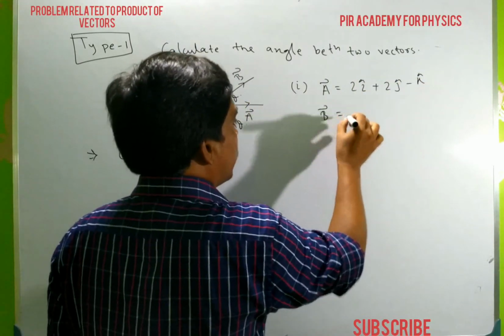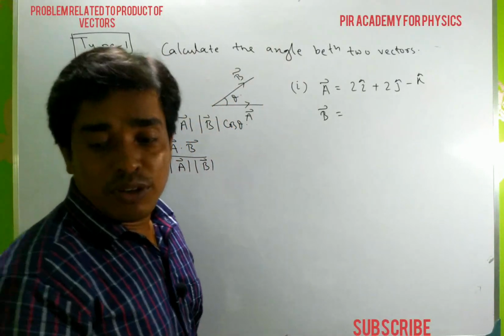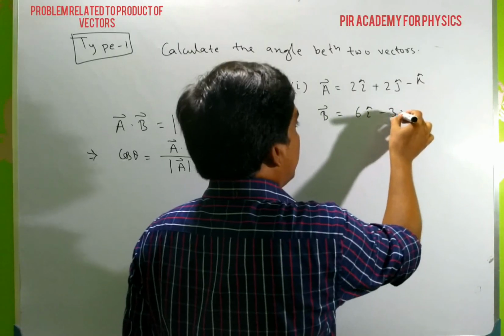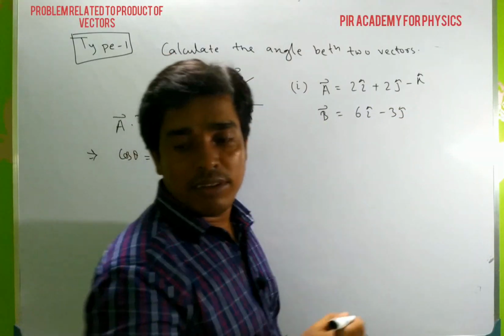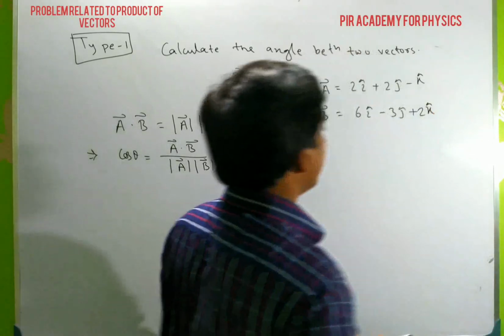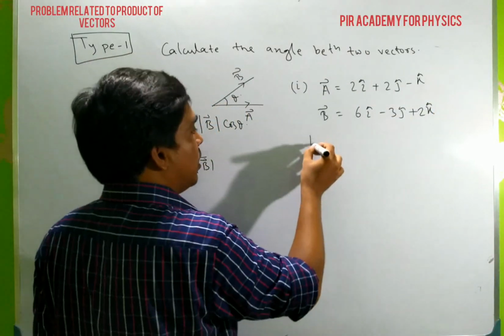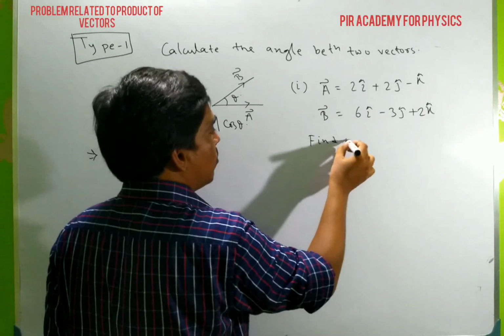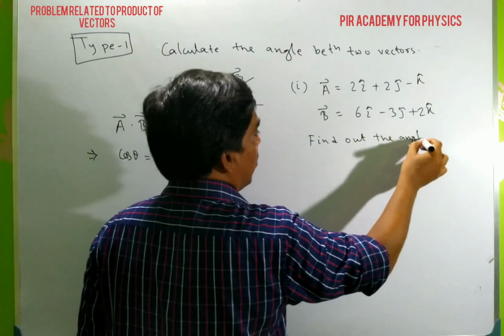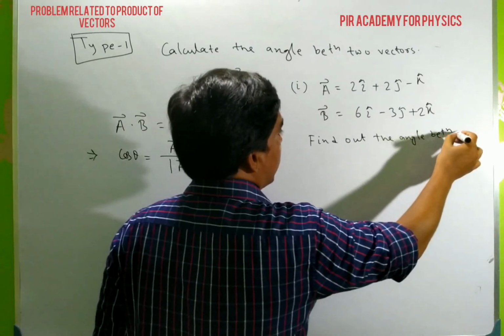B vector equals 6i cap minus 3j cap plus 2k cap. Find out the angle between them.